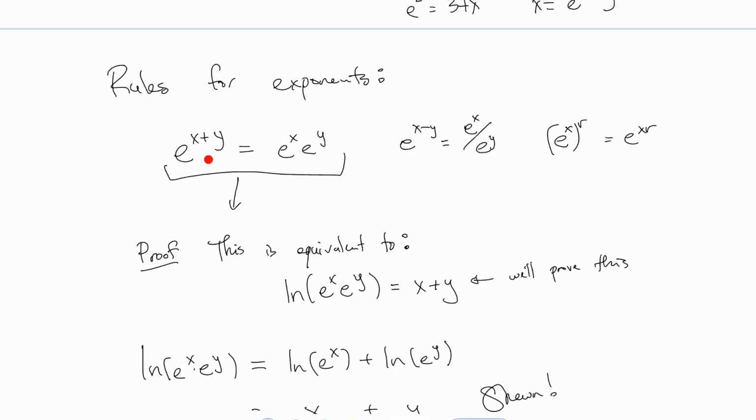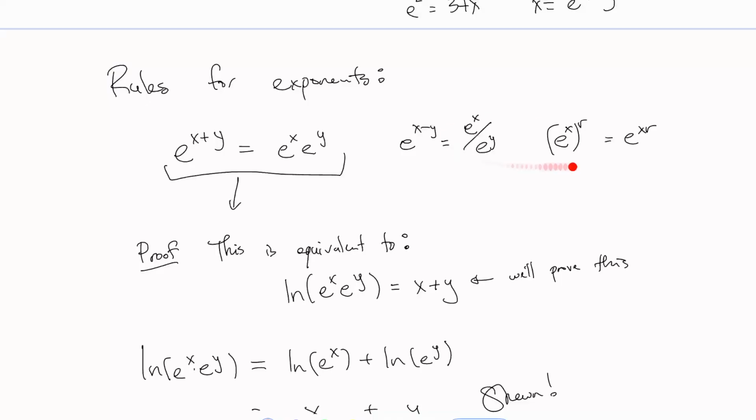But they are both expressing the same fact, just one is written in the logarithmic form and one is written in the exponential form. So this rule right here is really the same as the rule about log of a times b equals log of a plus log of b. They're the same thing, just written in one way or the other using the inverses.